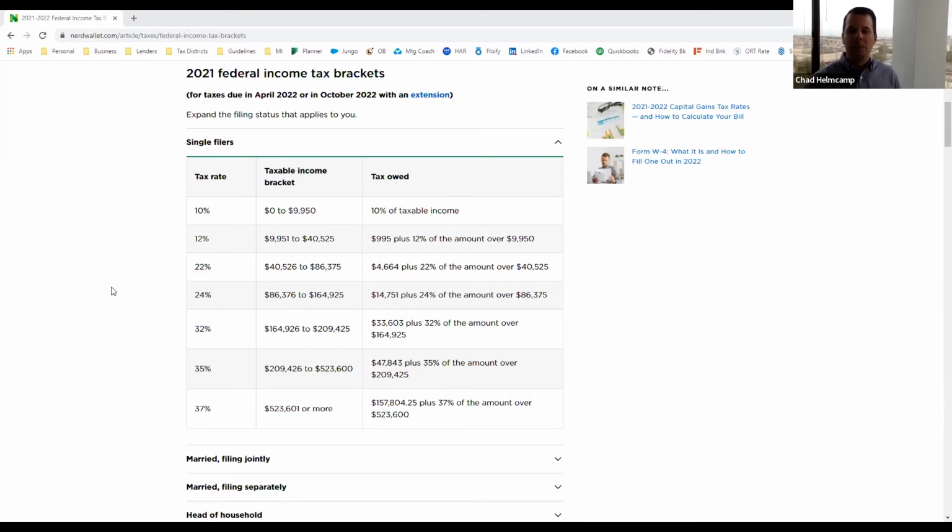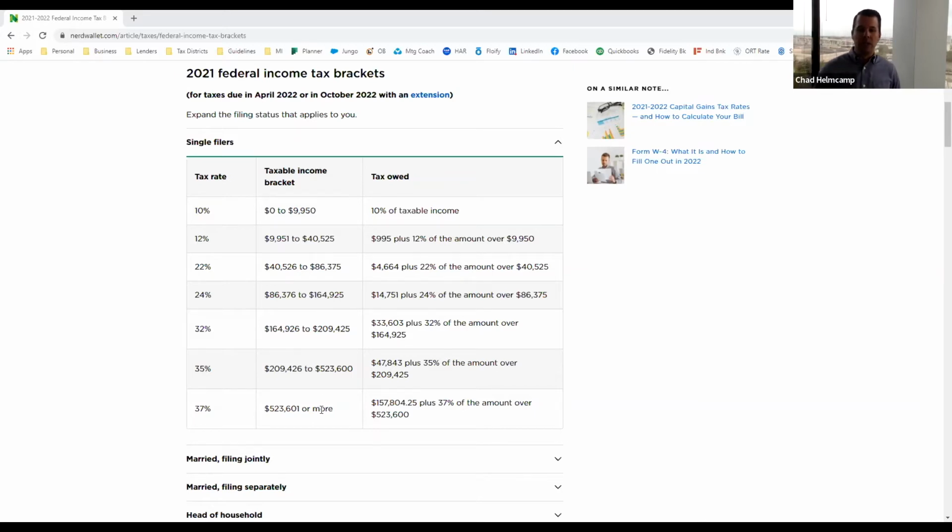What I don't think a lot of people understand is where it says the 10% tax bracket, what that means is, let's say you earn $100,000 a year. Well, the first $9,950 you earn is taxed at 10%. Then from $9,951 to $40,525, that portion of your income is taxed at 12%, and so on and so forth as you move up the tax bracket.